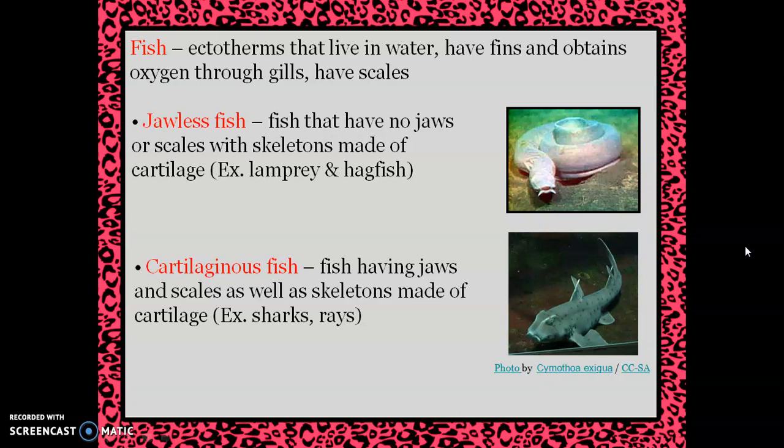And because cartilage decomposes very quickly, typically the only remains that we find of cartilaginous fish will be their jaws. So we'll find shark jaws and their teeth. Their teeth are made of bone as well. Those will be rather easier to find in the fossil record.